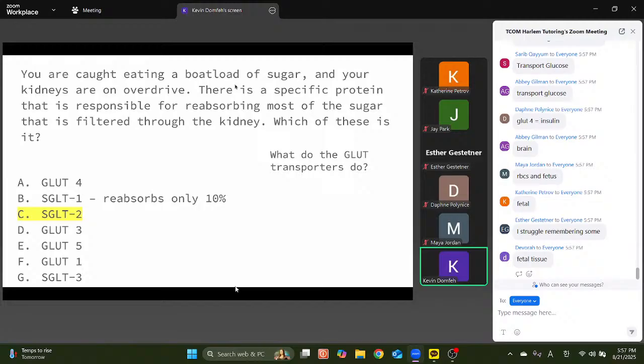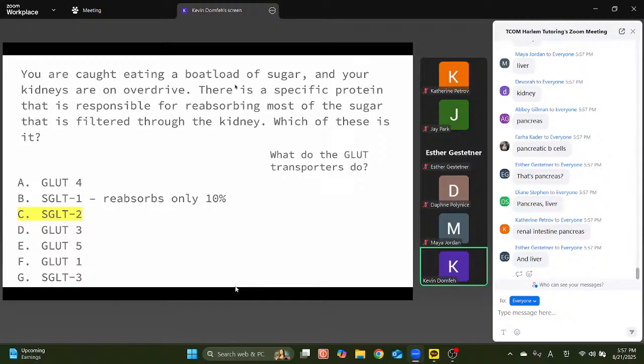What does GLUT1 do? Yes, RBC and fetal brain. Yeah, good. What about GLUT2? Yeah, exactly. It's going to transport glucose in and out of the liver and kidneys basically, and into pancreatic cells.